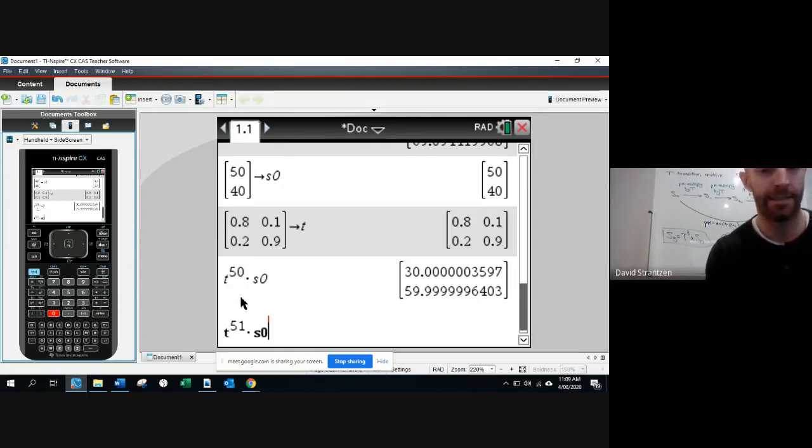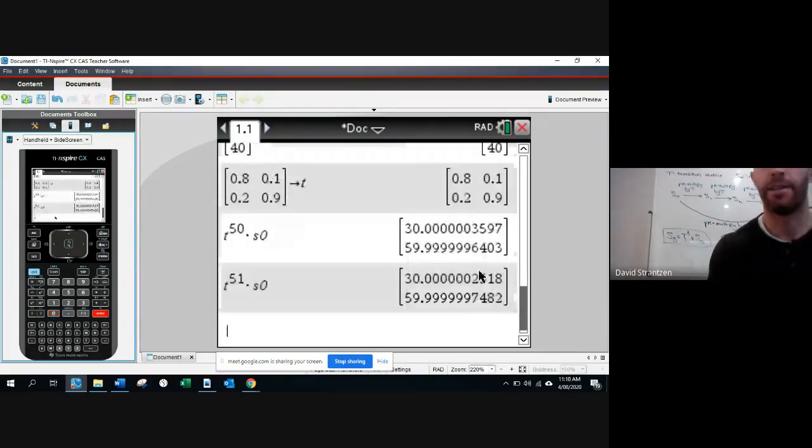I could do 80 and 81 or 100 and 101. That would be fine. And you can see that by this stage, to the first 5 or 6 decimal places, my answers are completely the same. All right, 30.0000, 59.99999, and the same for this one. Okay, so this indicates that we've reached steady state.